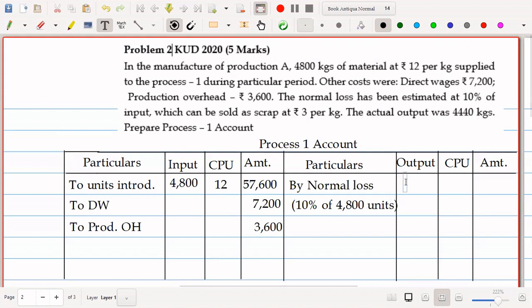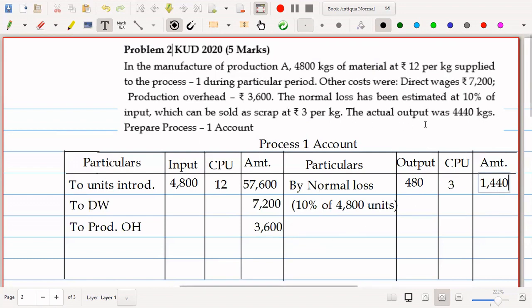It comes to 480 units, and the scrap value given is rupees 3 here. So when we multiply this, it comes to 1,440.